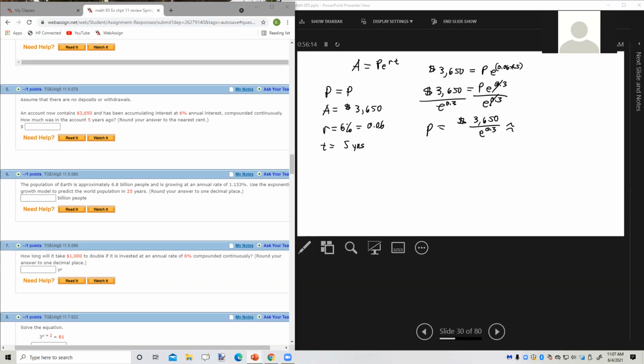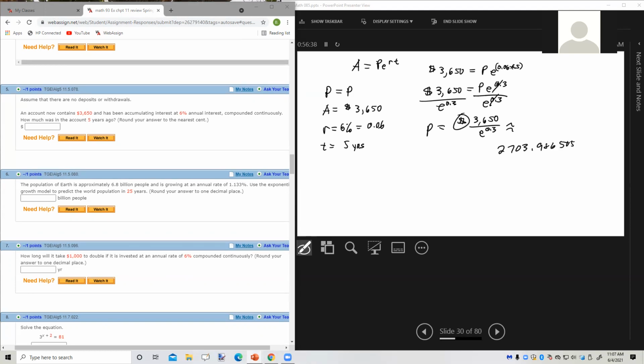Calculator time, 3650 divided by e. Don't forget e is the second function key of ln, natural log, to the 0.3 power. And I get 2703.986505.